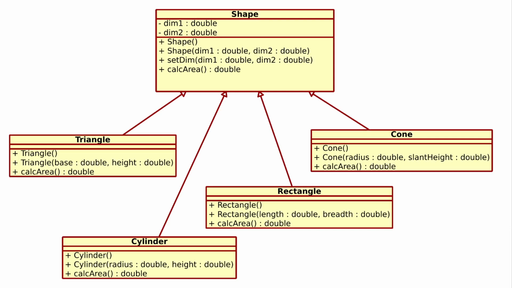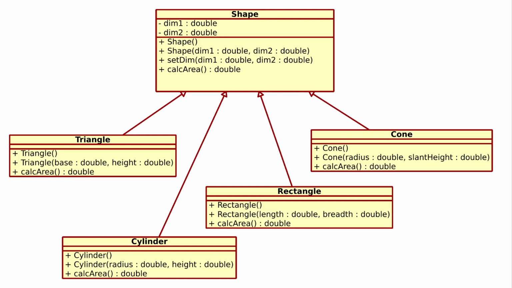Of course, there are so many 2D shapes, but I have chosen only a few of them, which allow us to find the area of that particular diagram using only two dimensions. So, 2arg constructor, no-arg constructor, setting up the dimensions, calculating area. These are the major operations performed across triangle, rectangle, cone and cylinder.